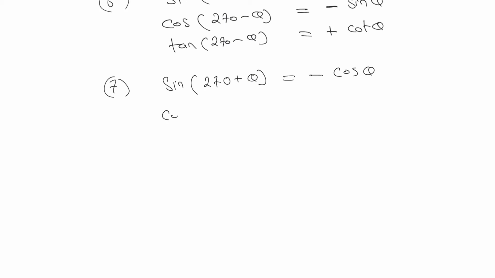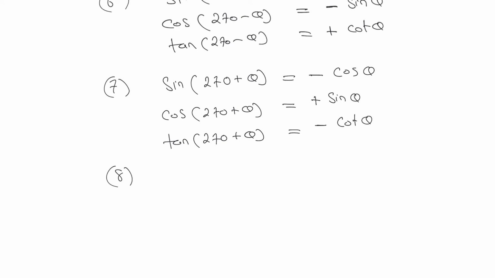And if it is cos of 270 plus theta, in the fourth quadrant cos theta is positive, so we'll write plus, and cos 270 plus theta is nothing but sine theta, so the answer will be equal to plus sine theta. Like that we can write tan 270 plus theta, which will be, since tan theta is negative in the fourth quadrant, minus of cot theta.